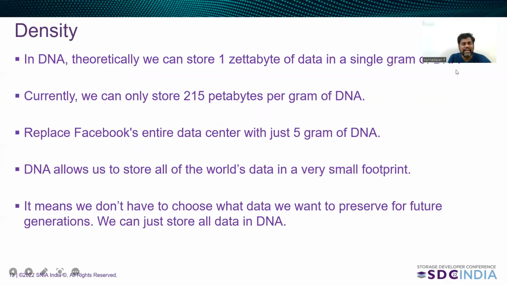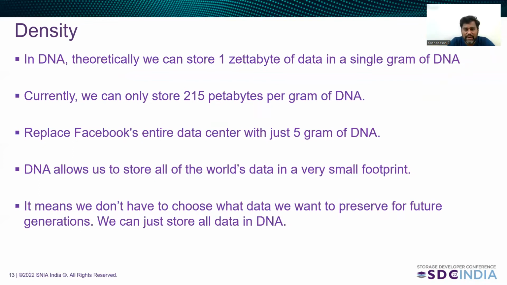Currently, we can only store 250 petabytes per gram of DNA, which means we can replace Facebook's entire data center with just 5 grams of DNA. Because of this, by using DNA, we can store all of the world's data in a very small footprint.